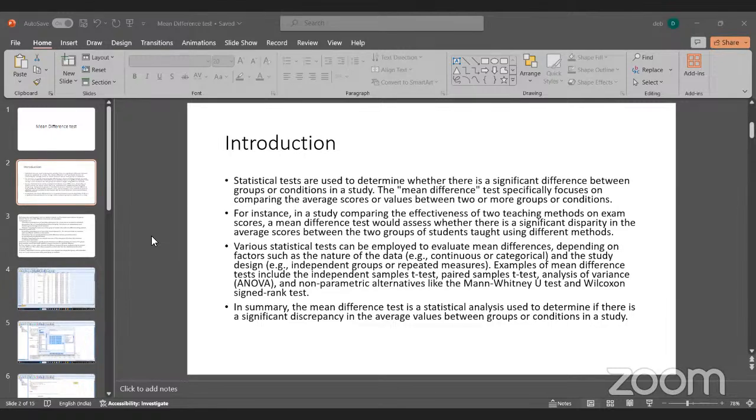So paired sample t-test we can use in experimental condition as well as the psychological test construction.